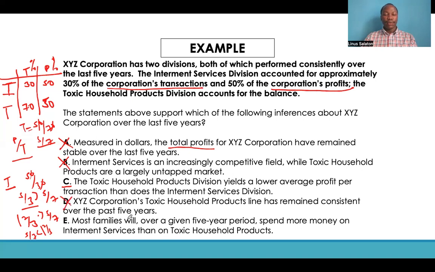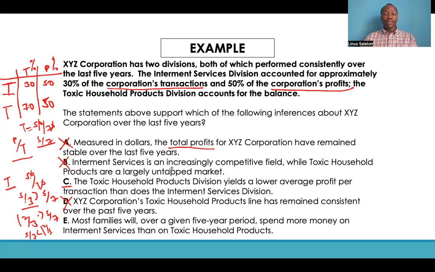E says most families will, over a given 5-year period, spend more money on Interment services than on toxic household products. Our stimulus doesn't really tell us who the market for these services and products is.